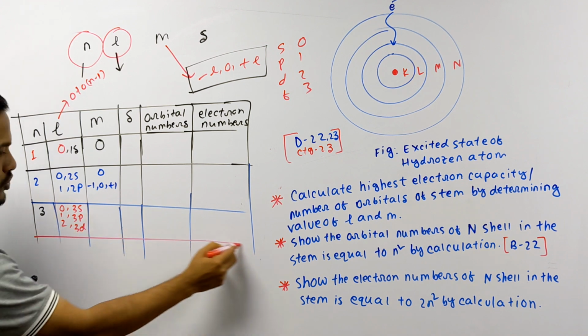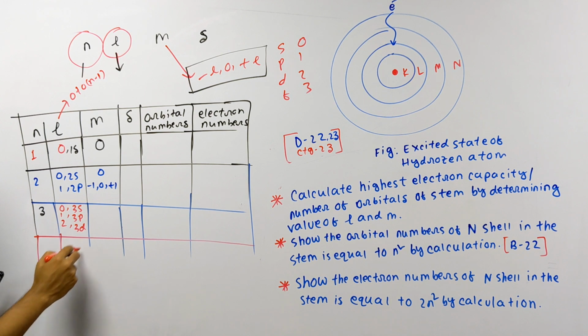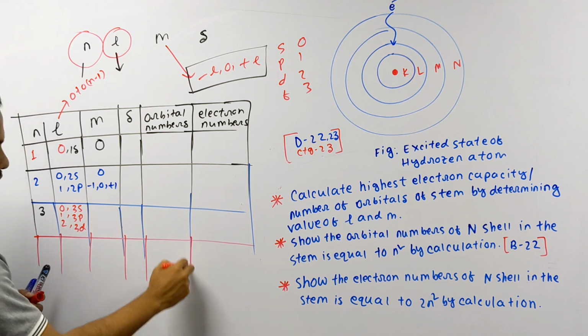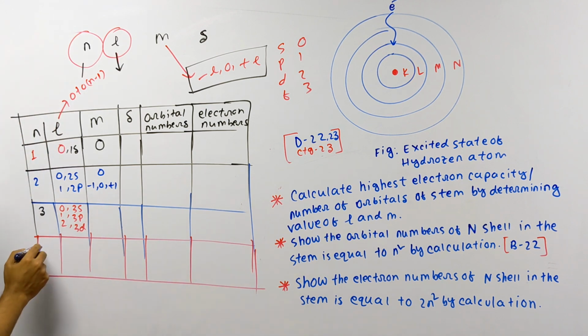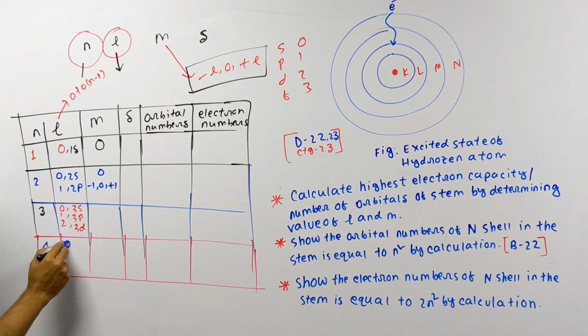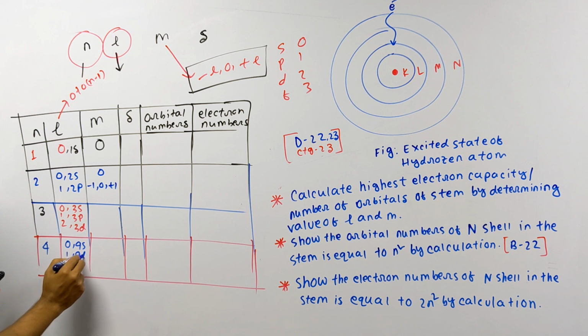For n equal to 4, l should have 4 values: 0, 1, 2, 3, that is 4s, 4p, 4d, 4f.